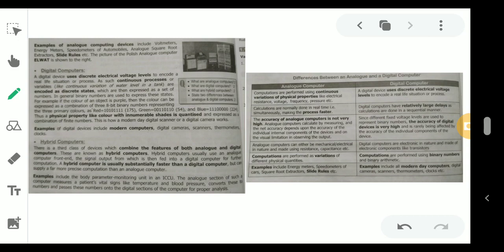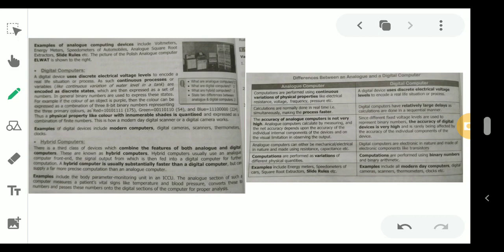But in digital computers, computations are performed using binary numbers and binary arithmetic is followed. Examples of analog computers are the energy meter, speedometer of a car, square root extractor, or slide rules. Digital computers include modern day computers, digital cameras, scanners, thermometers, clocks, etc.